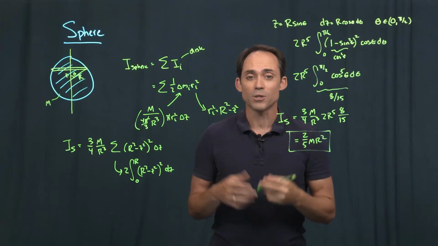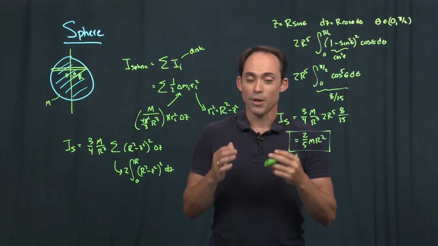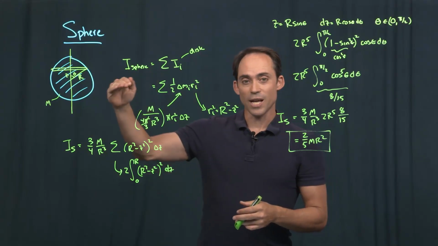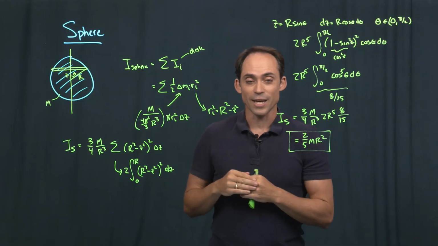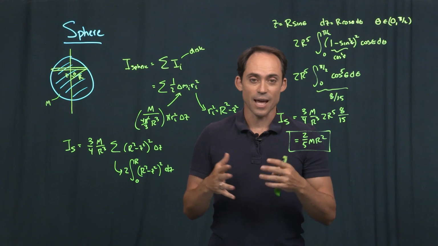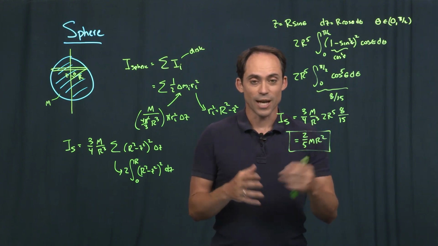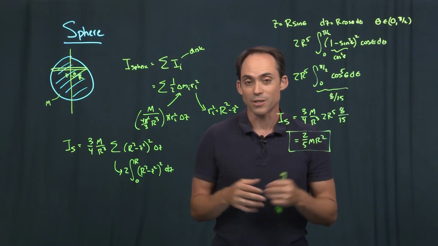So clearly this is a little more complicated shape to do the moment of inertia for, but the approach is still the same: breaking our shape into pieces of objects that we do know how to calculate the moments of inertia for, and adding those pieces together, in this case adding them in an integral form so that you can get out the actual expression for the moment of inertia of our shape, in this case the sphere.